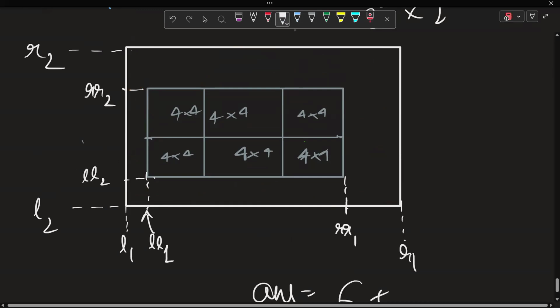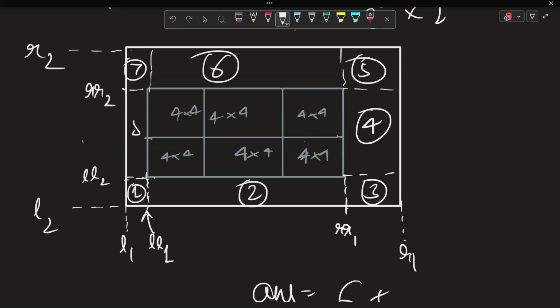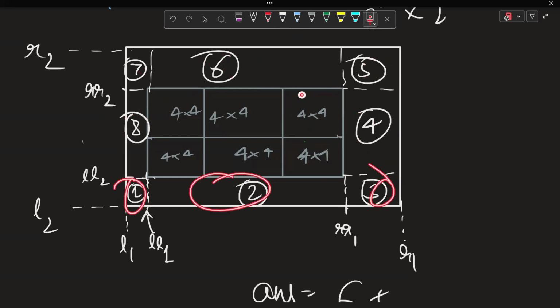This would be one rectangle, this whole area would be the second rectangle, this is the third, this is fourth, fifth, sixth, seventh, eighth. So after selecting a range, you can always divide the region into 8 different rectangular regions, and recursively call your function for all these 8 regions.